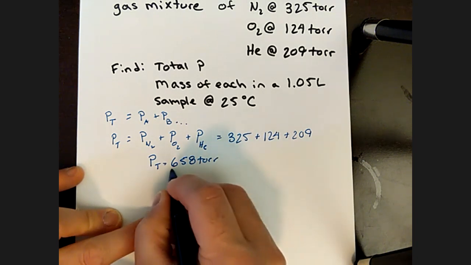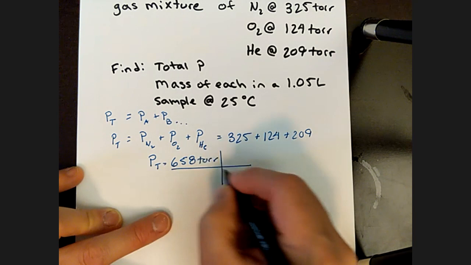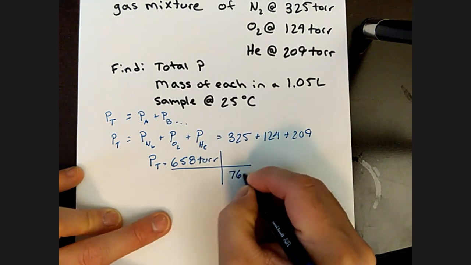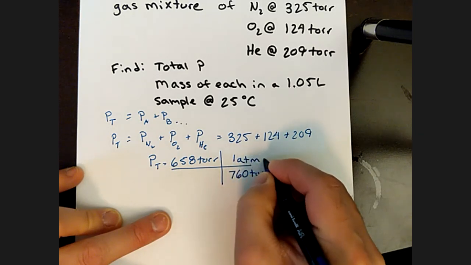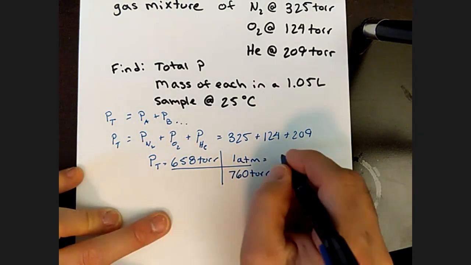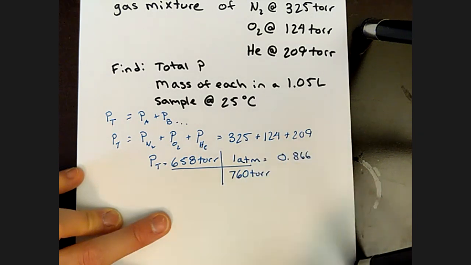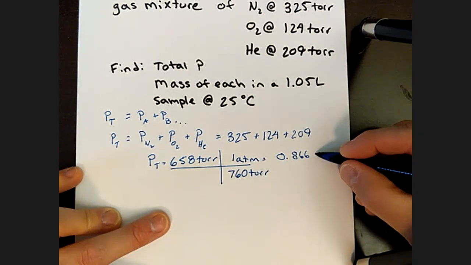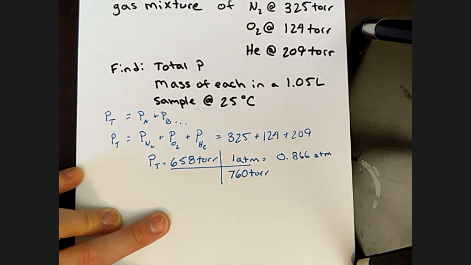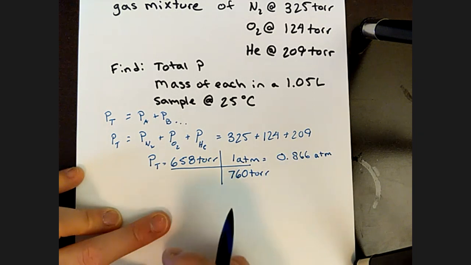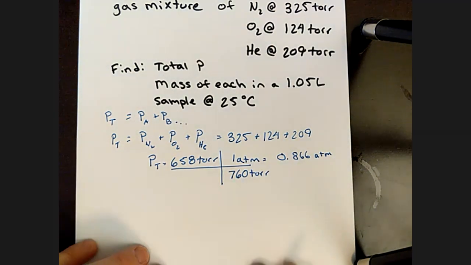So converting this to atm, there are 760 torr in one atm, and so really our total pressure is 0.866 atm, or atmospheres.